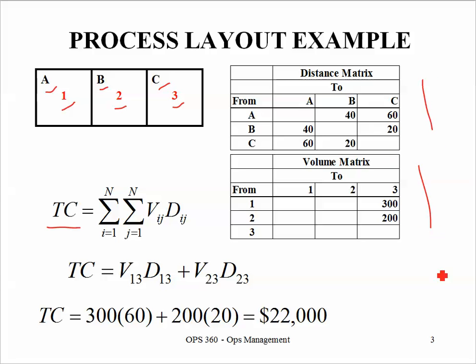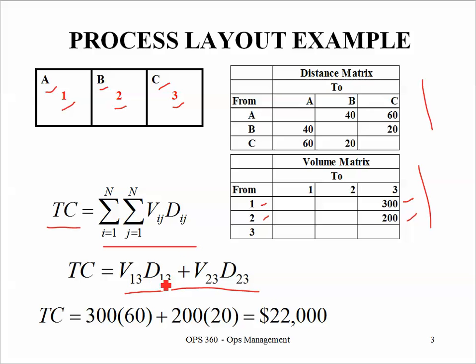Here's my volume matrix. There's the formula I had. And again, as I said earlier, since I only have volume flowing from work center 1 to work center 3 and work center 2 to work center 3, I'm only going to have 2 elements in my total cost equation when I expand it out. I don't need to write out the ones that are going to end up being 0.